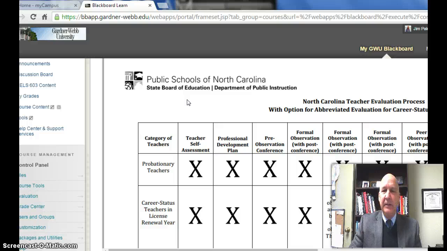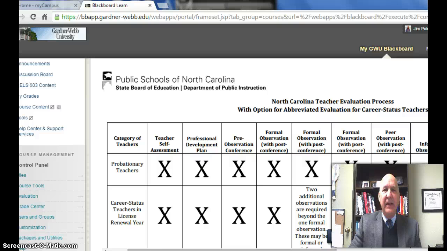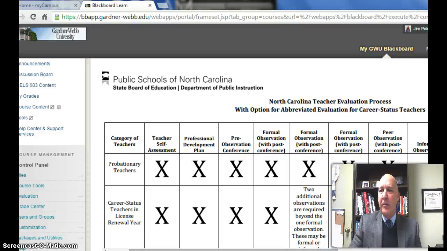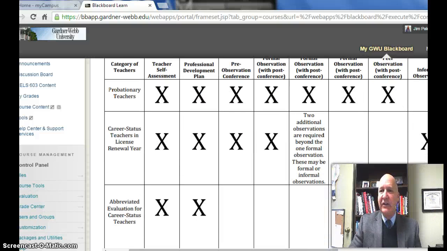The legislature eliminated tenure, but it is quite likely that going forward we will have some system of 1, 2, or 3-year contracts, and if folks don't have a contract for life, they might have a 5-year contract or something longer. And currently, in North Carolina, we still distinguish between beginning or probationary teachers and career status teachers.